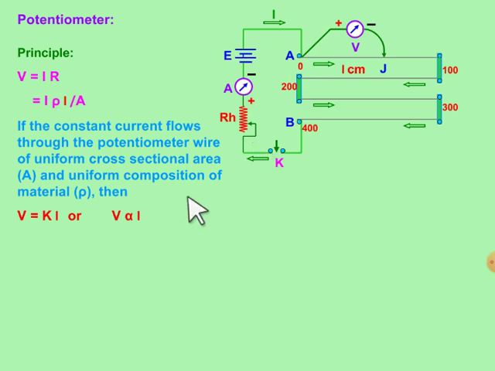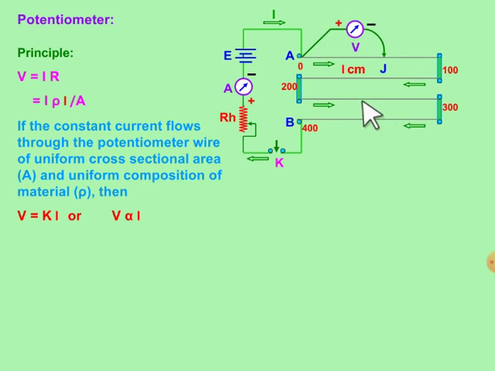So mind you, this V directly proportional to L comes from where? From the conditions that current is kept constant, resistivity of the material is also constant, no doubt, and the cross-sectional area of this potentiometer wire is also constant, or rather you can say uniform cross-sectional area.